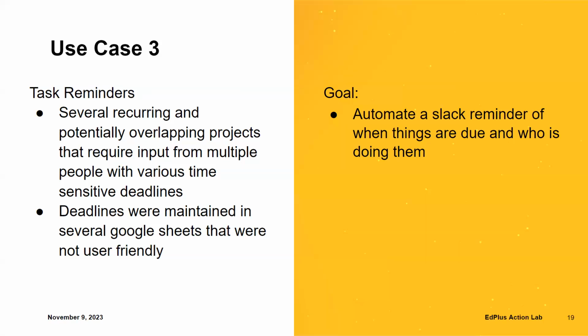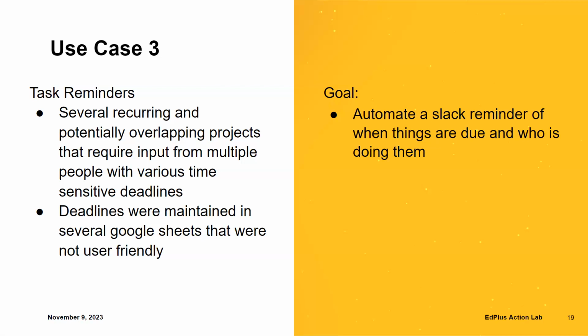The problem we had was several recurring, potentially overlapping projects that we're working on with different people across the board, different teams. And we had calendars, places where you could see who does what when, but they were really hard to find or get to, or they were just a pain.